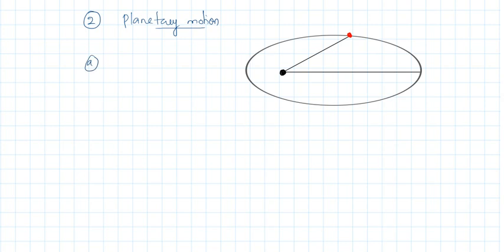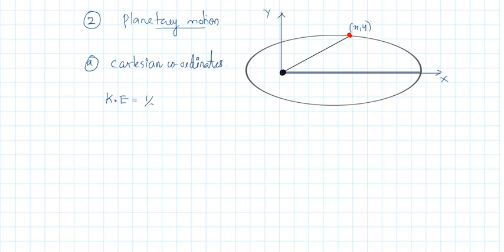First we will treat it with Cartesian coordinates. You can fix your axes at this point, say this is the x-axis and this is the y-axis, and with respect to these axes you can define a coordinate x, y here. Velocity will be x dot along the x direction and y dot along the y direction. Therefore kinetic energy I can write as half m times x dot square plus y dot square.